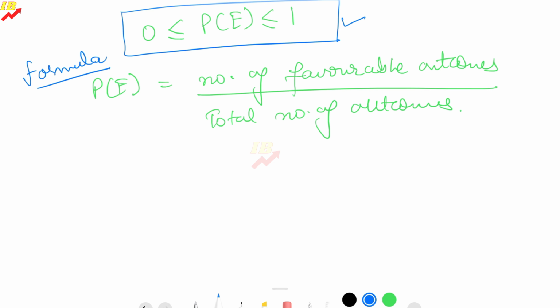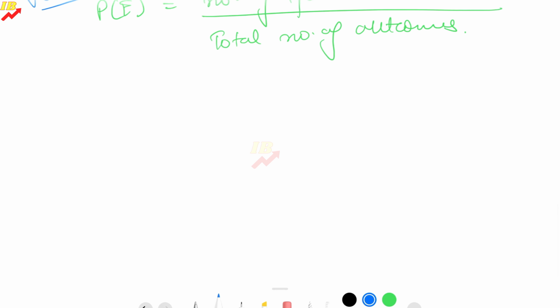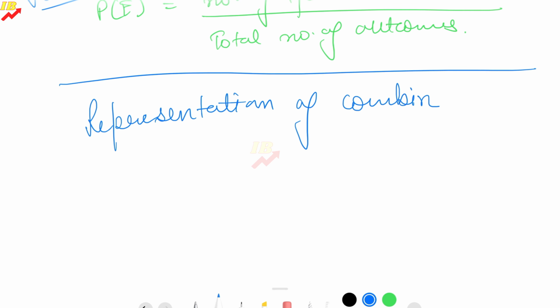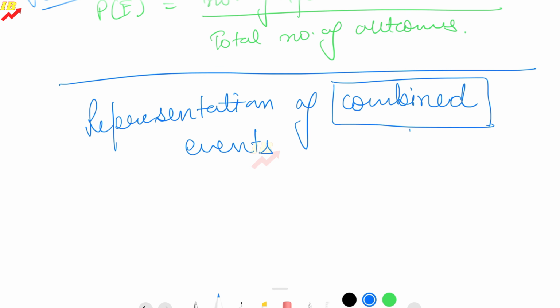Now let's see how we can represent our events. So the topic is representation of combined events. What is combined events? Combined means when two or more events are given.